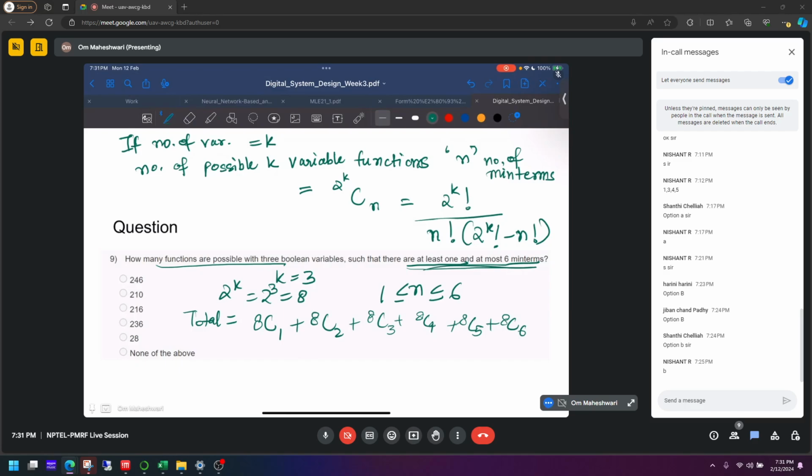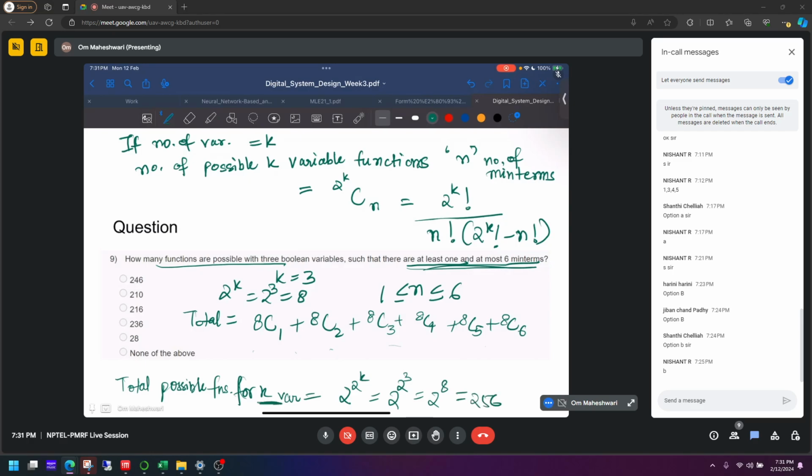So you can solve it in two ways. You can just calculate all these and solve. Another thing is the total possible functions with any number of minterms for k variables will be 2 to the power 2 to the power k, which is 2 to the power 2 to the power 3, which is 2 to the power 8, which is 256.